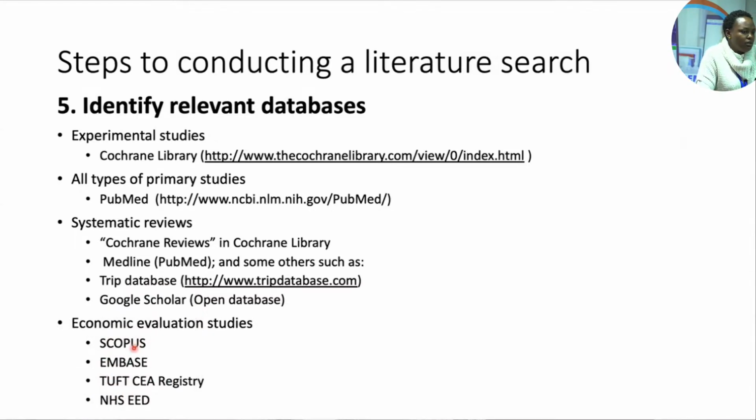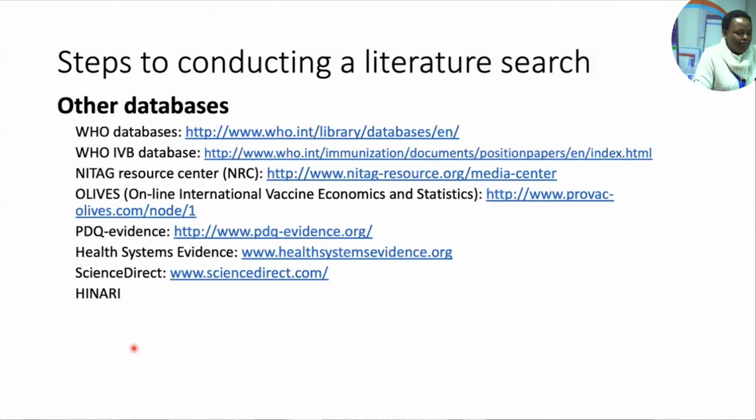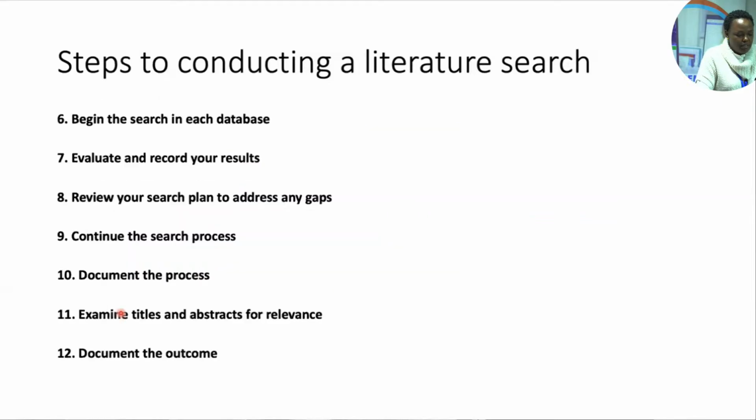The practical we'll do is on PubMed, but once you understand the method of doing the literature search, it doesn't really matter which database you use, it's about the same. So these are other databases that you can also use. It will be provided to you in the PowerPoints.